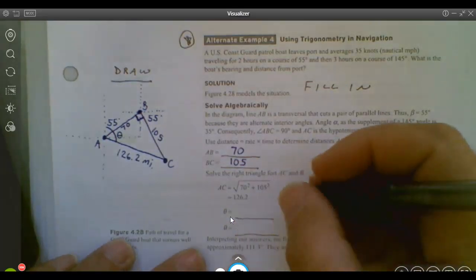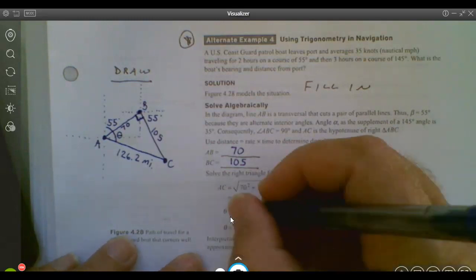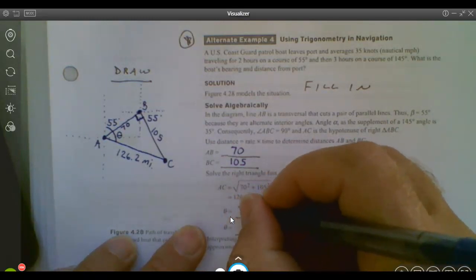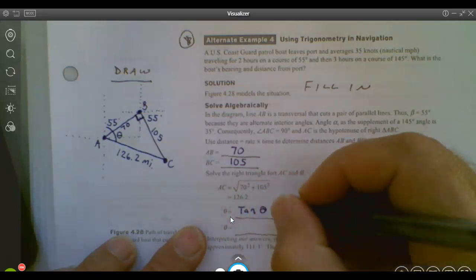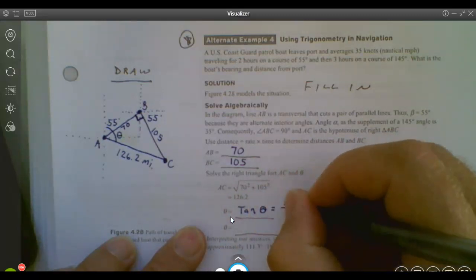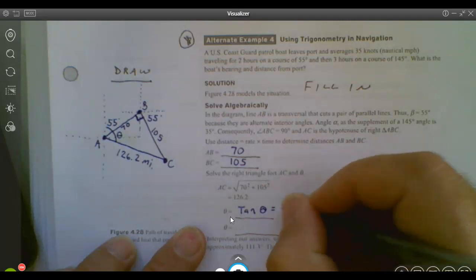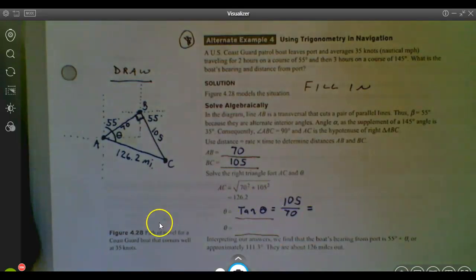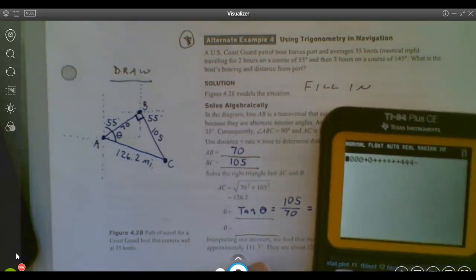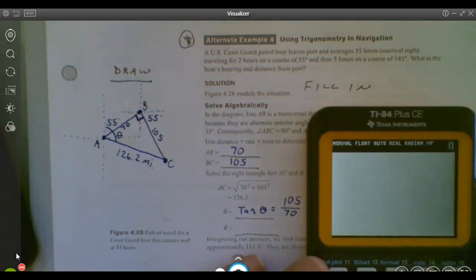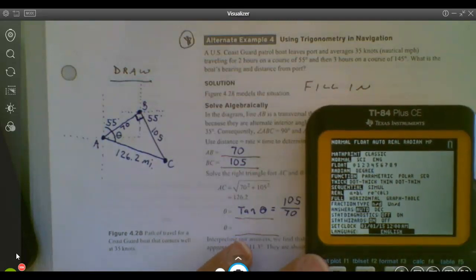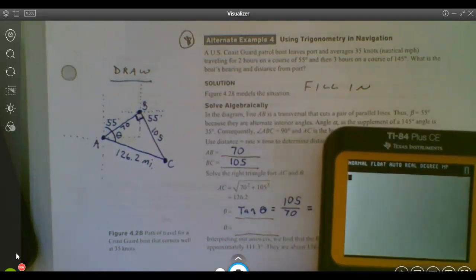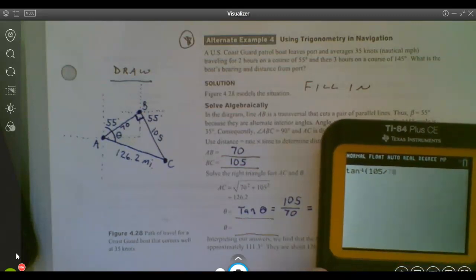So the tangent of theta, I'll do this off to the side here. So my tangent of theta is going to equal opposite over adjacent. So we're going to do inverse tangent of that ratio right there. Let me throw that into the calculator. Make sure I'm in degrees. That's important. So inverse tangent of 105 over 70.